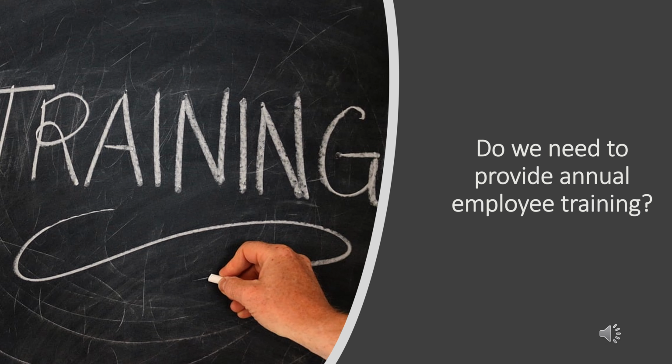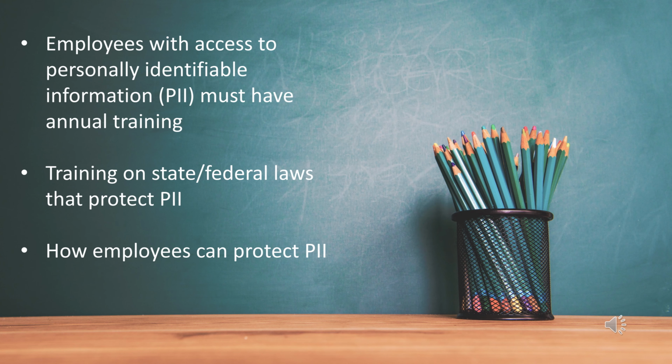Do we need to provide annual employee training? Education Law 2D requires educational agencies to provide annual data privacy and security awareness training to employees with access to personally identifiable information. Topics to cover would be training on state and federal laws that protect PII, such as Ed Law 2D, FERPA, or COPPA.